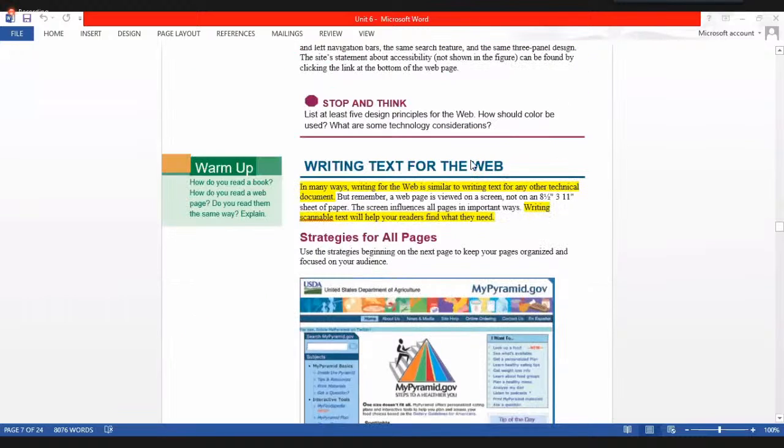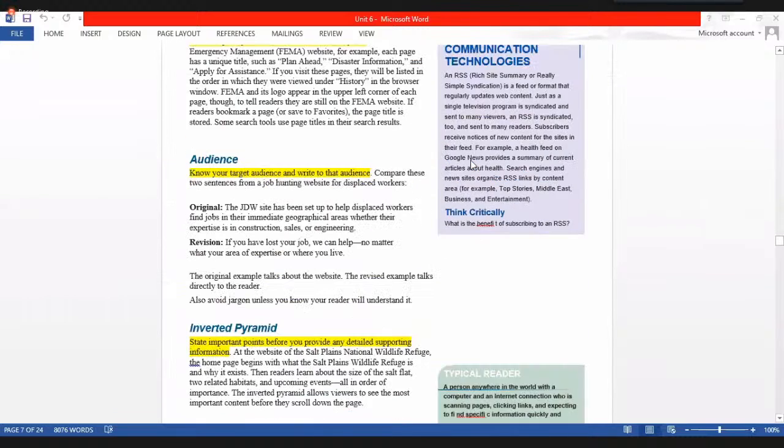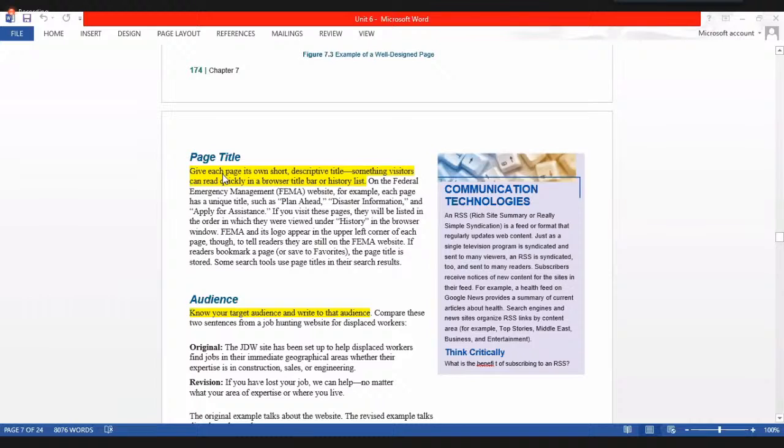So now see here. What is given here? Page title. At first the title must be clear. So give each page its own short descriptive title, something visitors can read quickly in a browser title bar or history list.